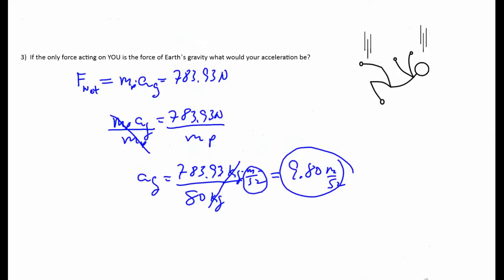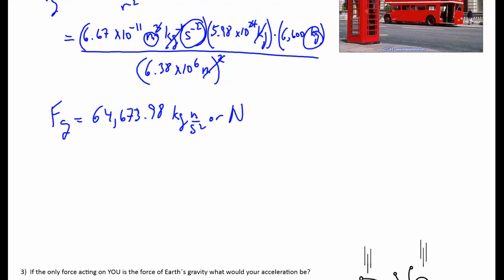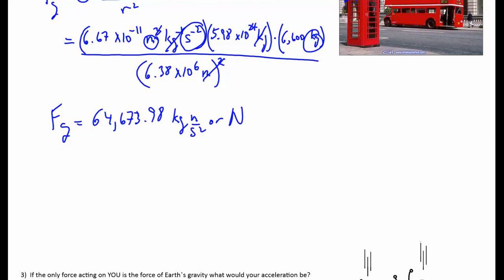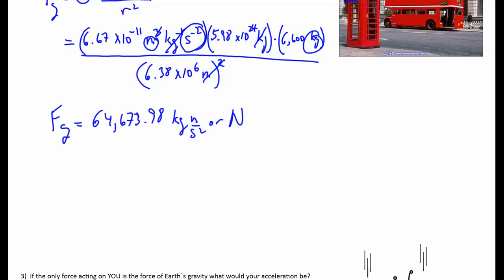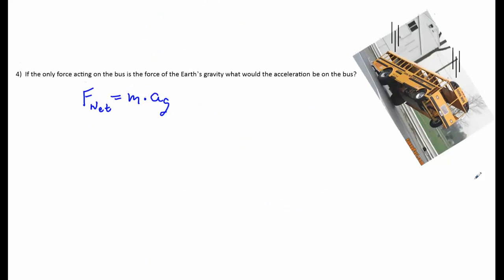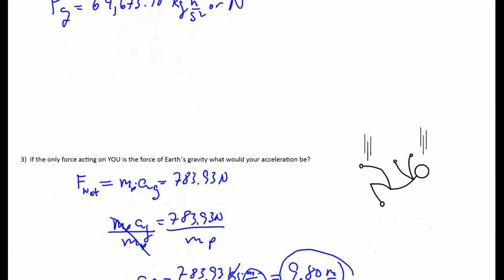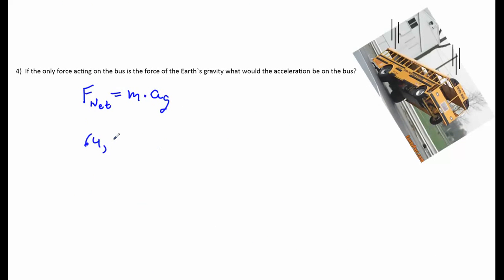What was that force of gravity on the bus? 64,673.98 kilogram meters per second squared.